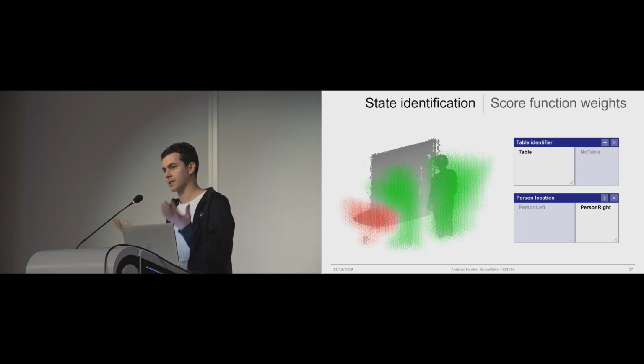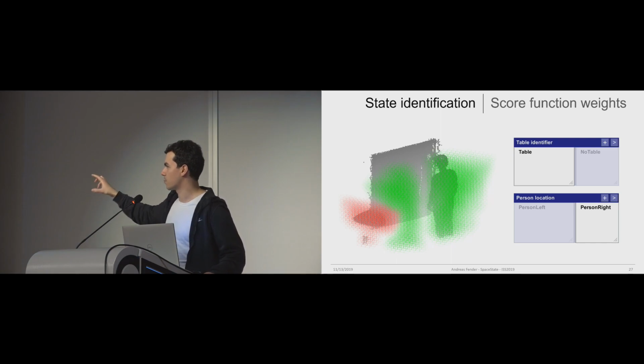And that naturally carves out, or finds, the voxels which are actually relevant for the particular state. So in that instance, it's the voxels around the person where the person was captured, which are then used for checking.